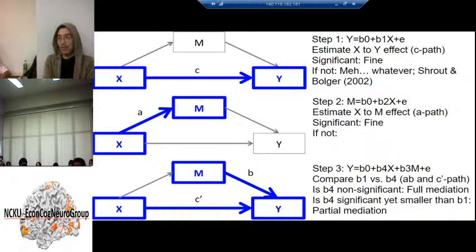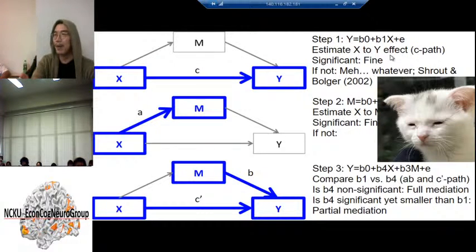It's supposed to be significant. It should be, if we want to claim the mediator is a mediator. If not significant, you get this cat face. If not, you cannot say this mediator is a mediator. It's just some random third variable.